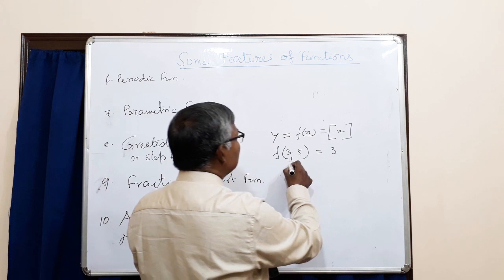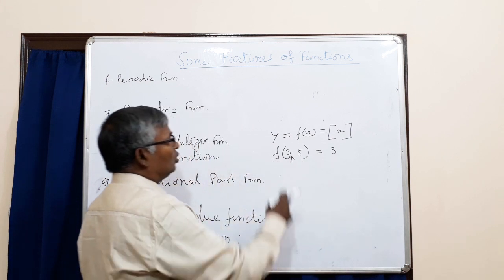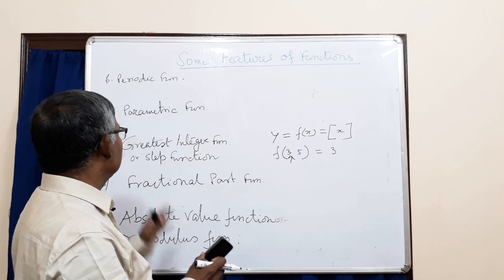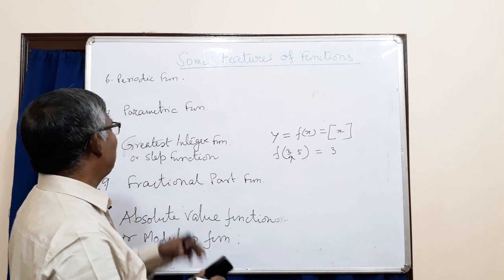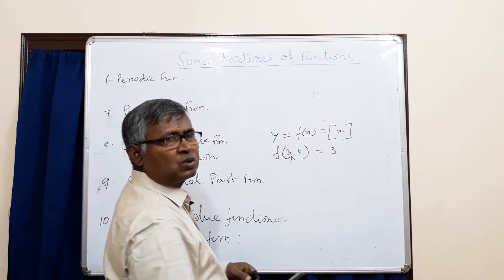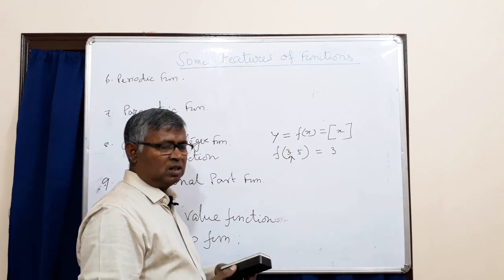The greatest integer you have to consider, no fractional part. It is called the greatest integer function or step function. It is very much used in honors or higher studies.